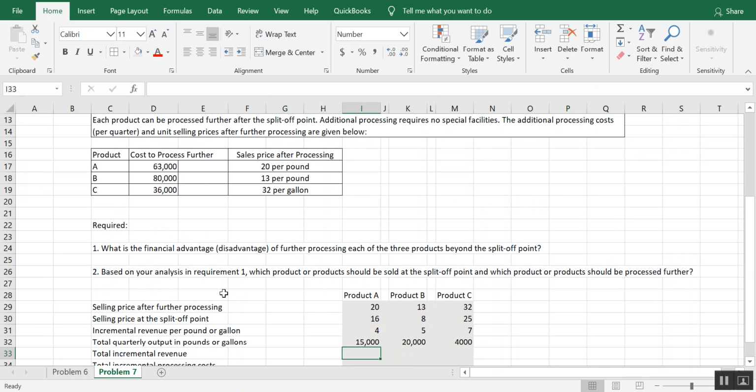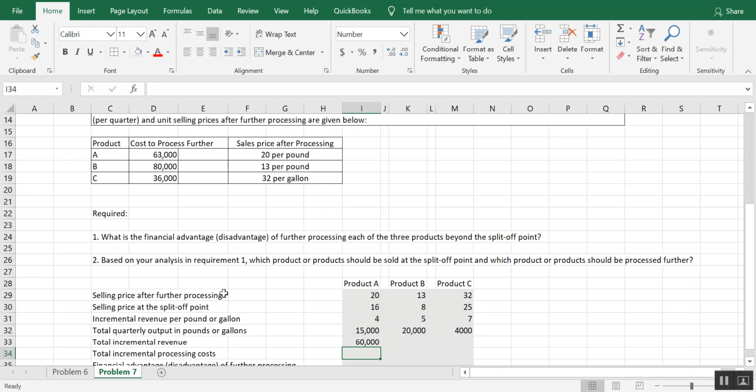Now we want to take the quantity we're going to manufacture in the quarter, multiply it by the incremental revenue, and we get the total increase in revenue if we process beyond the split off point. We're going to do that for each of these. Copying it over, 20,000 times 5 is 100,000, and 4,000 times 7 is 28,000.